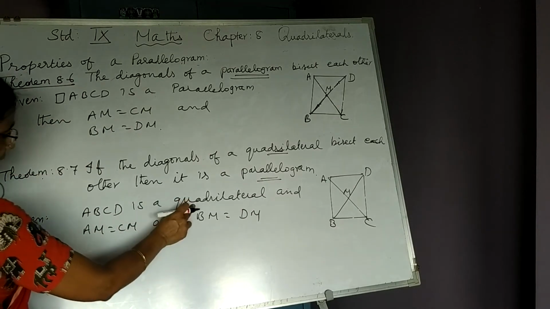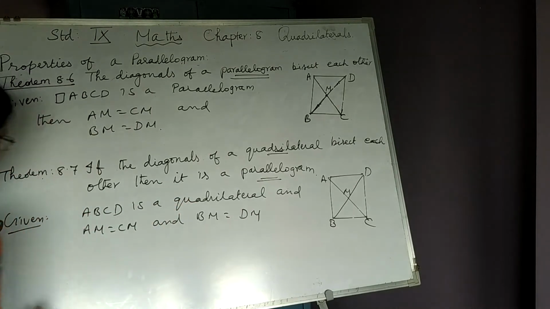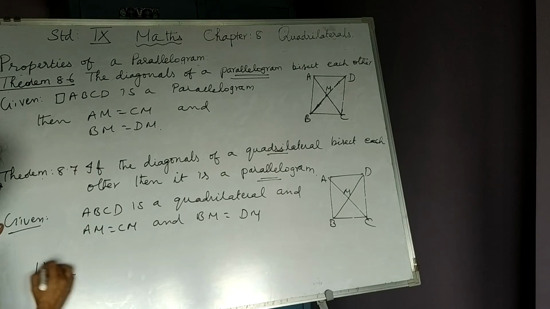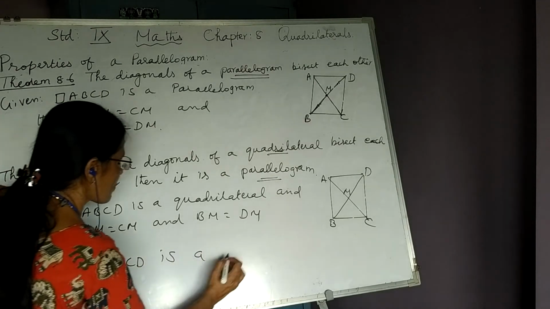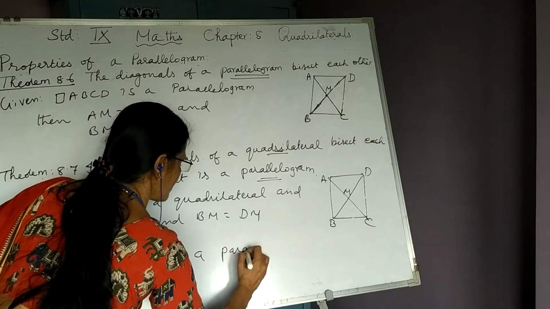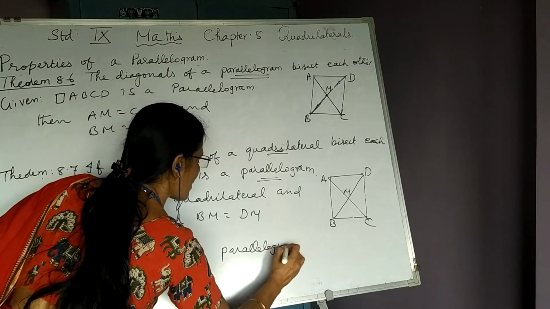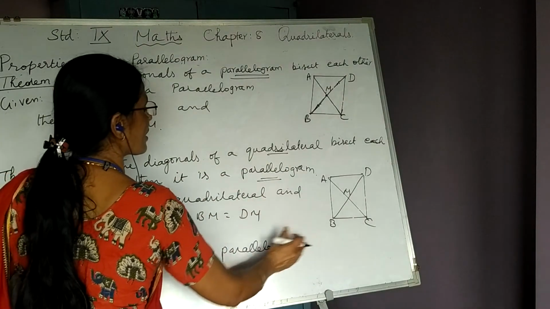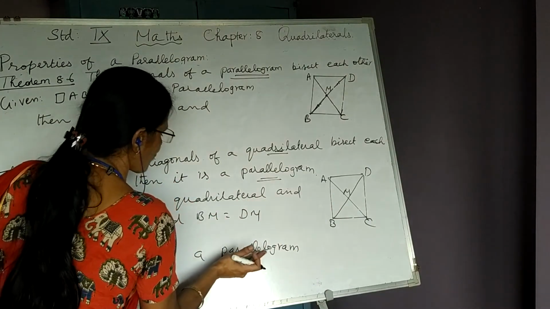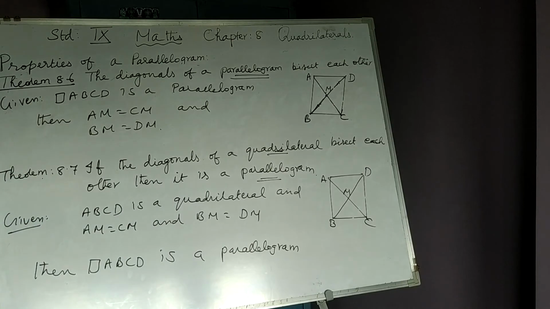If it is a quadrilateral and if the diagonals bisect each other, what we can conclude? Then this quadrilateral ABCD is a parallelogram. So if it is a parallelogram, diagonals bisect each other. If diagonals bisect each other in any quadrilateral, the type of the quadrilateral should be what? Should be a parallelogram.